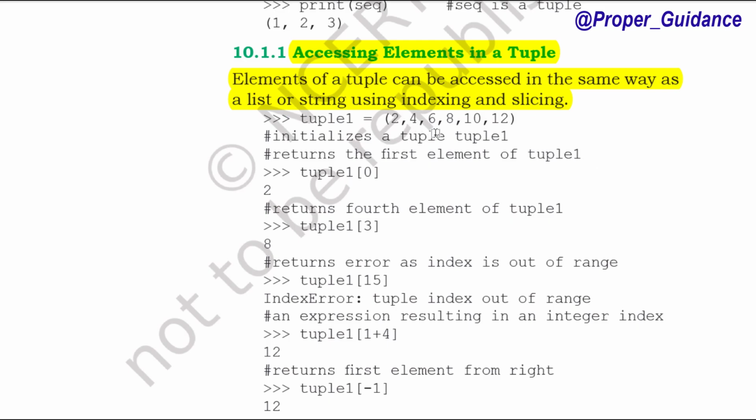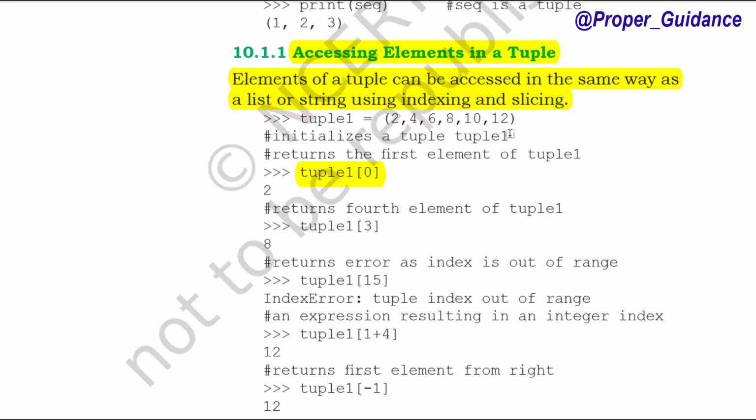Same thing: tuple1 = (2, 4, 6, 8, 10, 12), initialize a tuple. tuple1[0] returns the first element of the tuple. We can access elements with the help of an index, just as in an array, a list, or a string. We can access each and every element of a tuple by using the index. By default it starts from 0, and in the given tuple there are 6 elements, right?